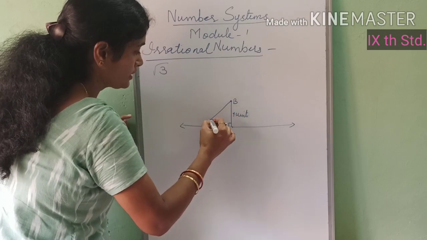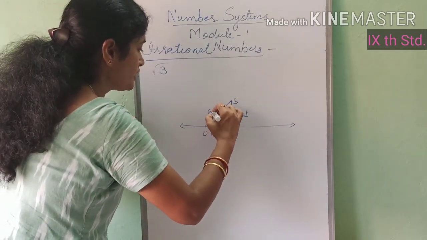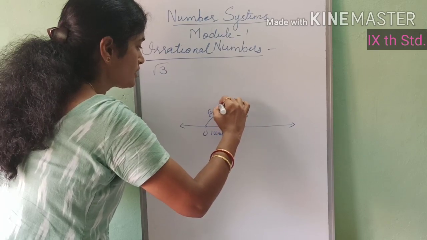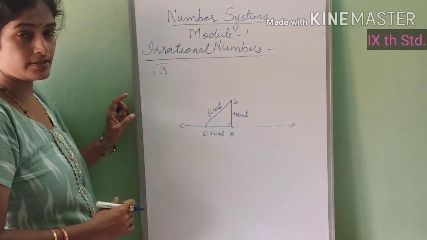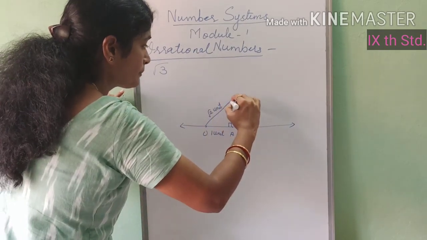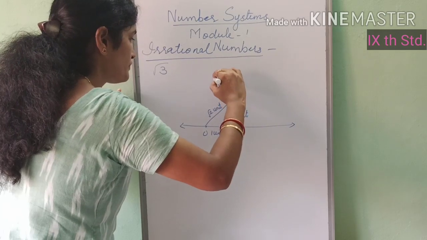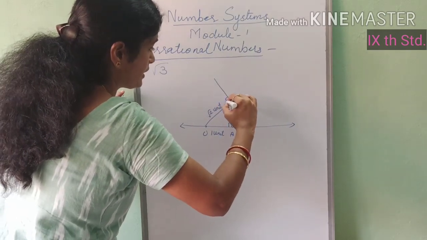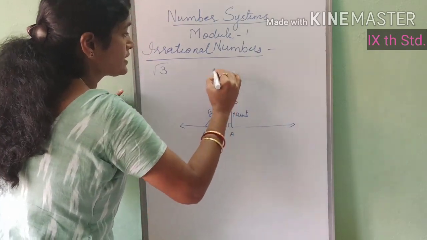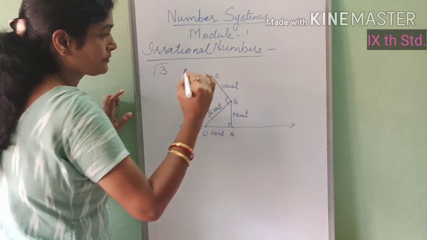Now join O to B, right? So OB, as you have seen in the previous explanation, the OB distance is root 2. Then keeping OB as the base, at B you draw the perpendicular, 90 degrees. Then mark it as point C. This B to C is also 1 unit.